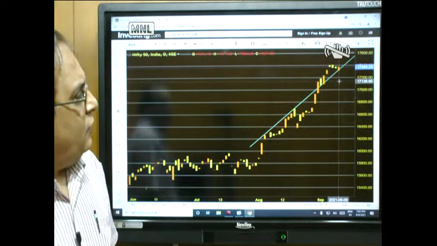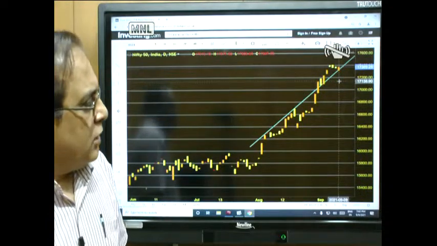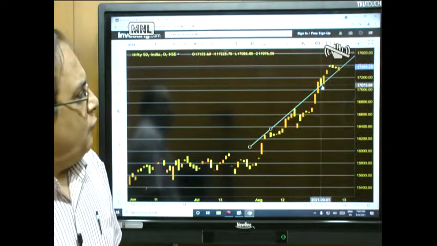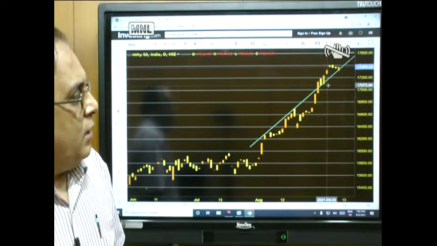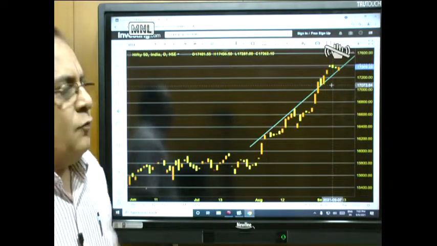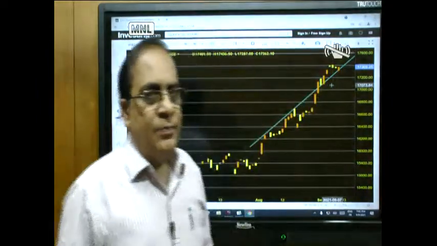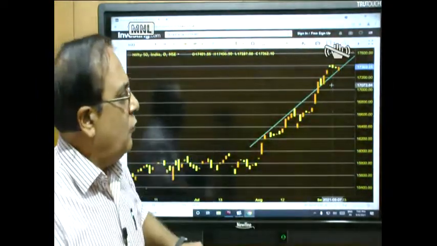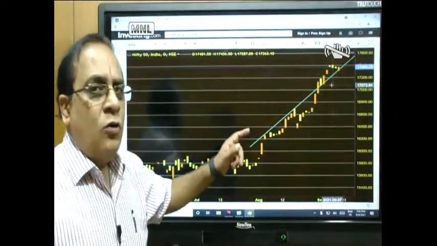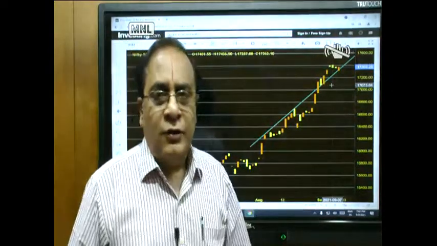Today it is, let us say, 17,303. The one pivot low before that is 17,055, and one pivot high is 17,436. So we have one pivot high before today, 17,436, and one pivot low before that, 17,055.